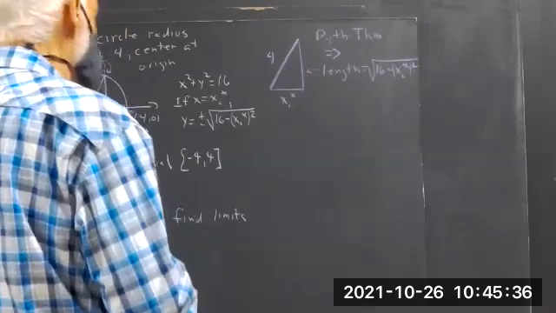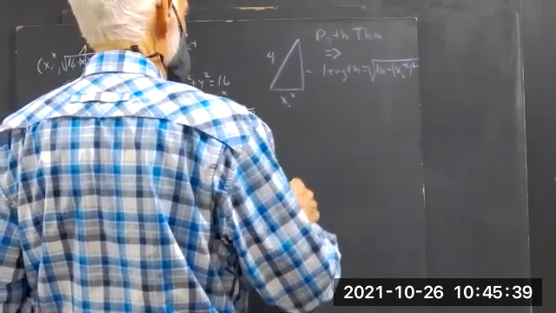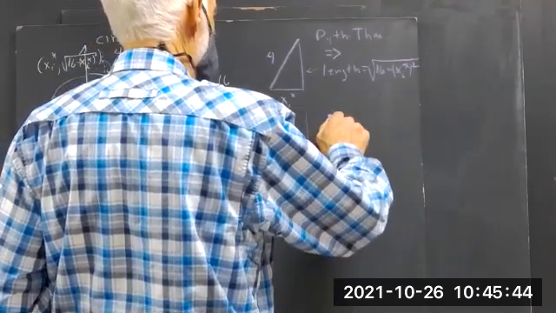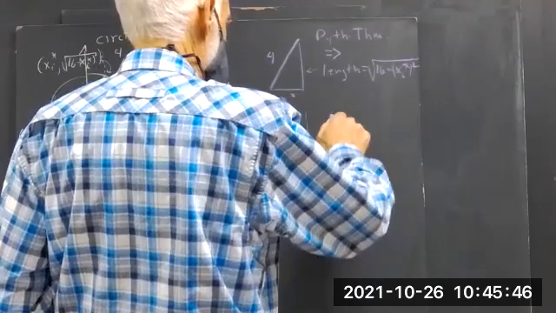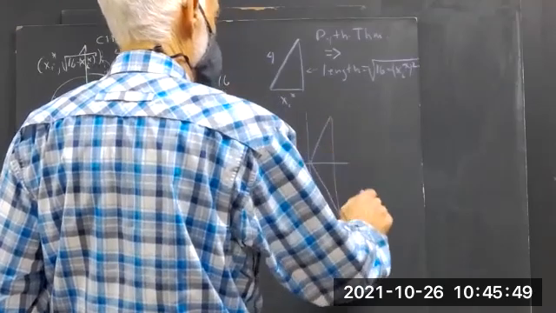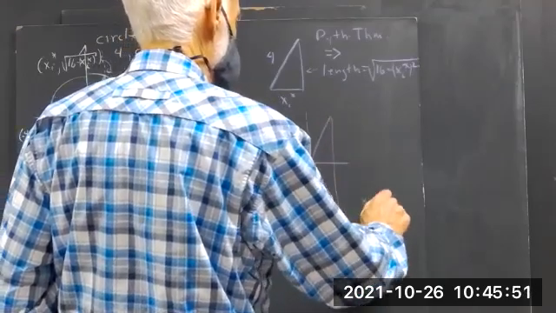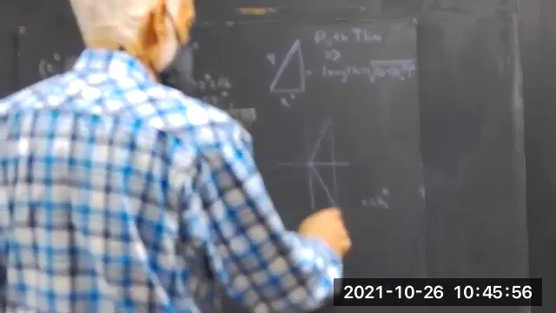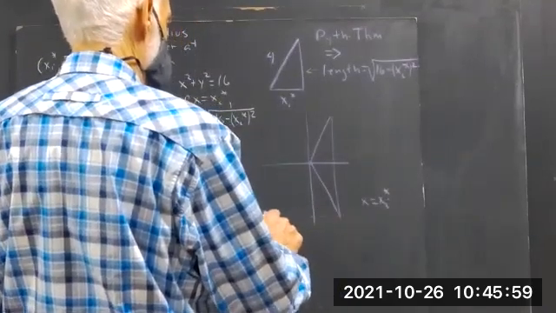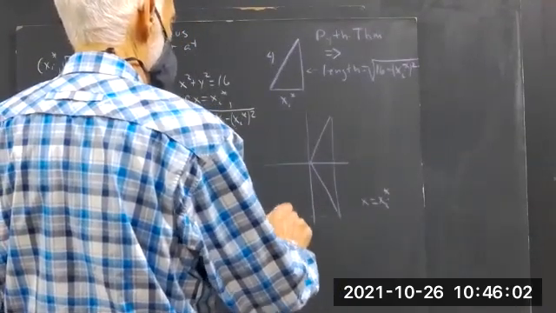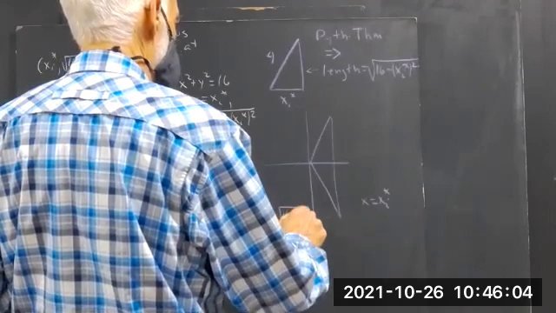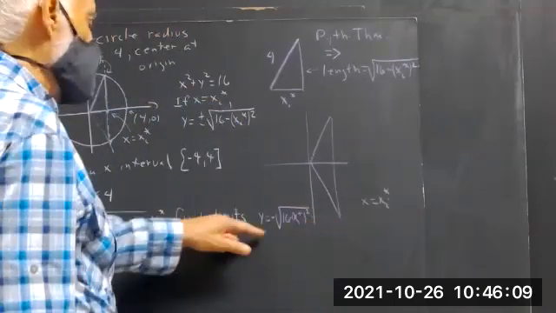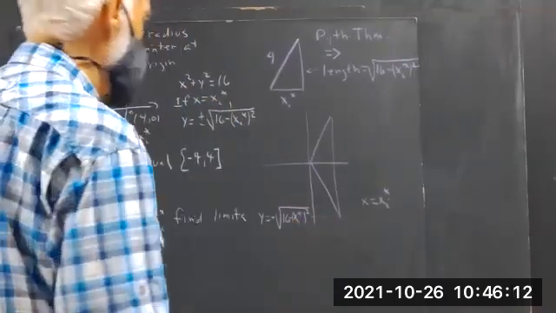So now, drawing just this much of a picture, you know that here y is the square root of 16 minus xi star squared.